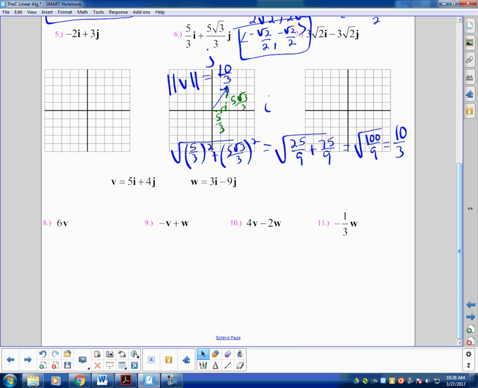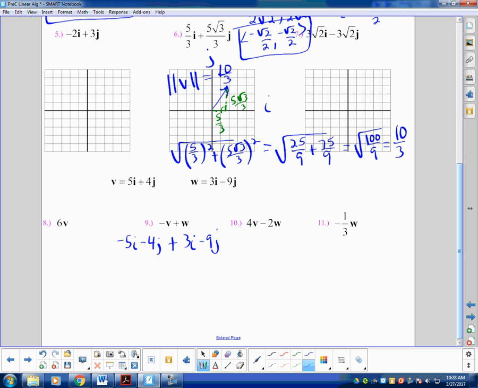These are actually combining these two and also multiplying by a scalar. So negative v plus w would look like this. Negative v would be negative 5i minus 4j plus w, which is 3i minus 9j.